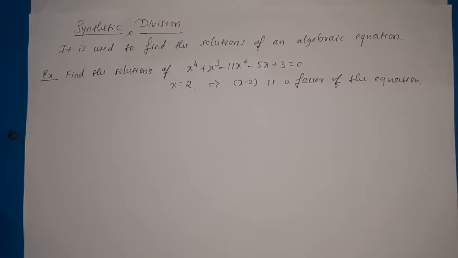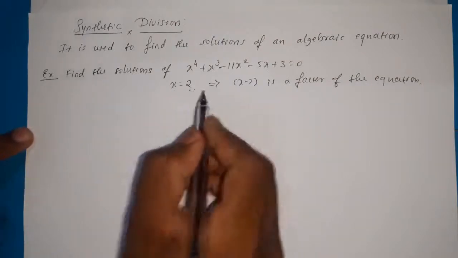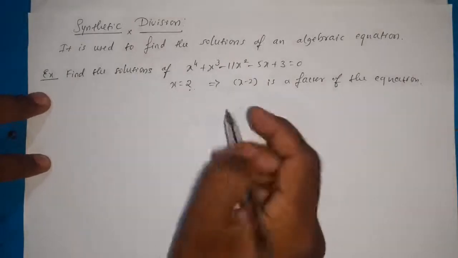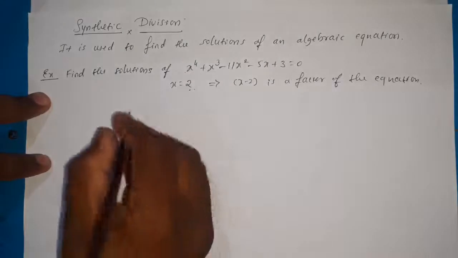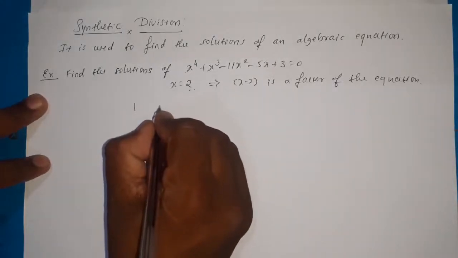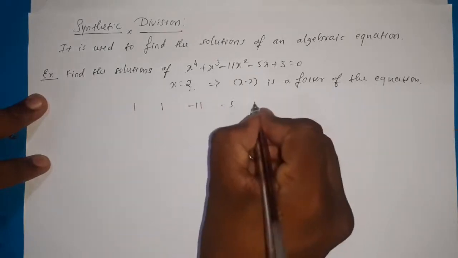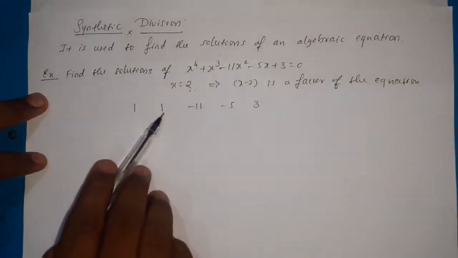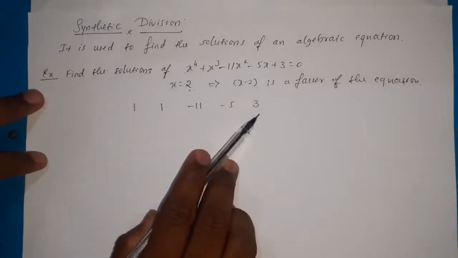So now using this 2 for the next step, let us write all the coefficients of this polynomial from higher to lower. The first coefficient is 1, then again 1, then minus 11, minus 5, 3. Here 1 is the coefficient of x power 4 and x cube, then x square, x and the constant.